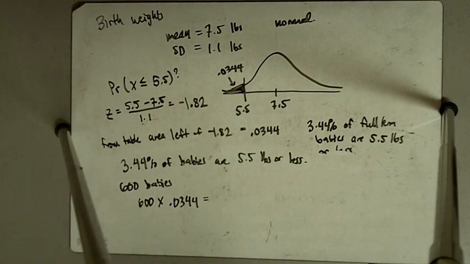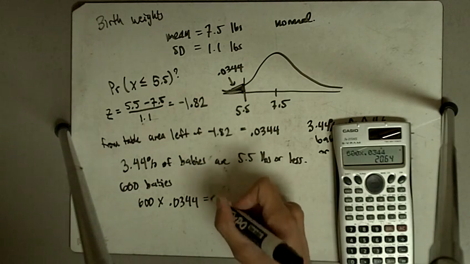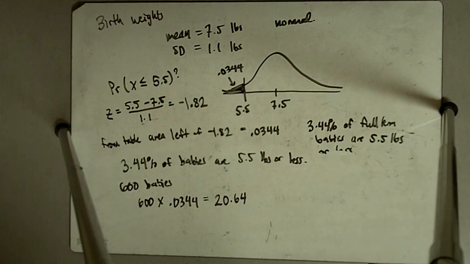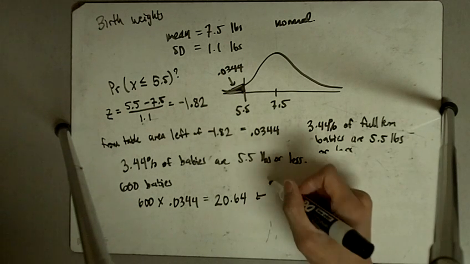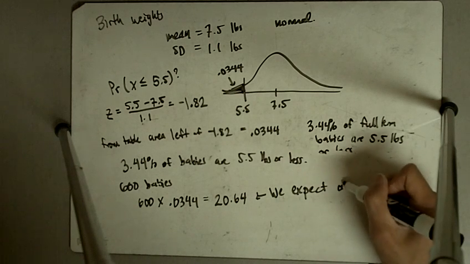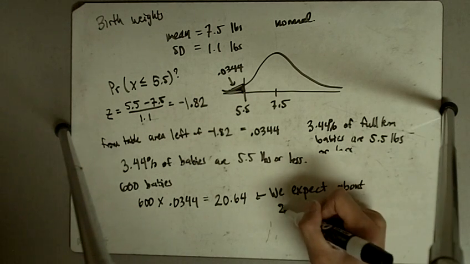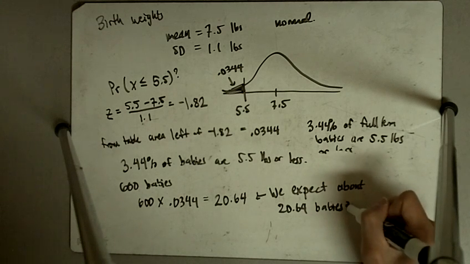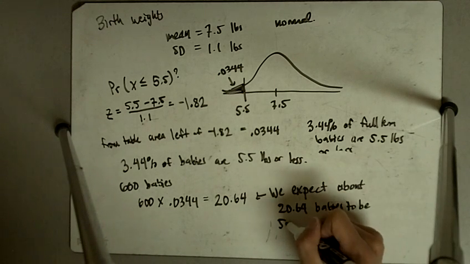So we expect 20.64. All right, so we expect about 20.64 babies to be 5.5 pounds or less.